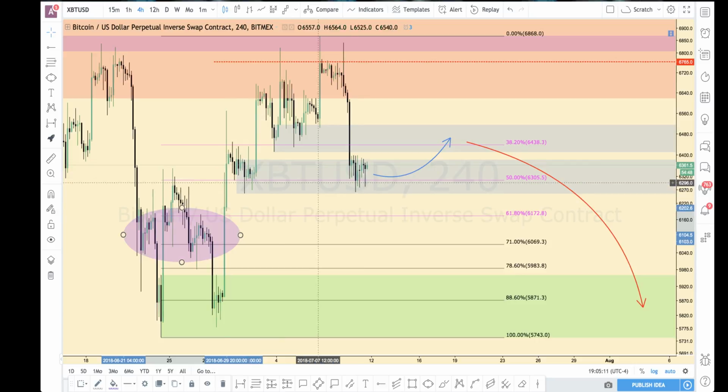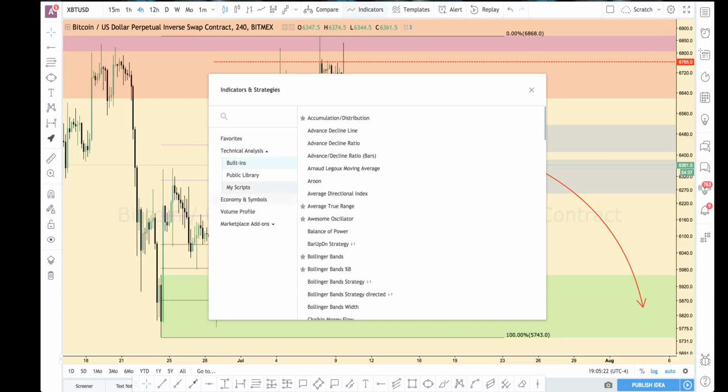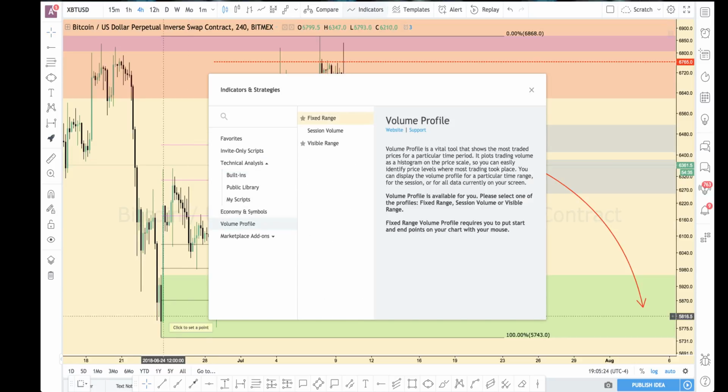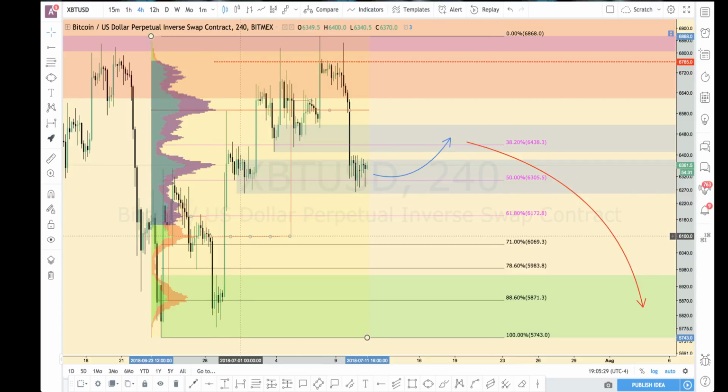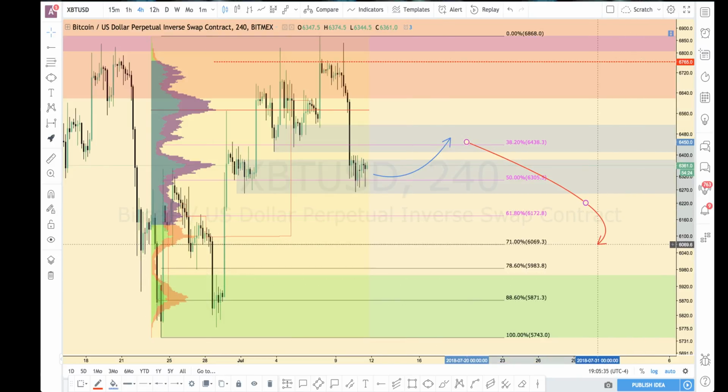Once we dump further down, I might look for support here around 61.8 and 71% of the move. If I look at the volume profile of this whole region, the point of control used to be right here. So we could totally not go all the way down, but come to maybe around here.